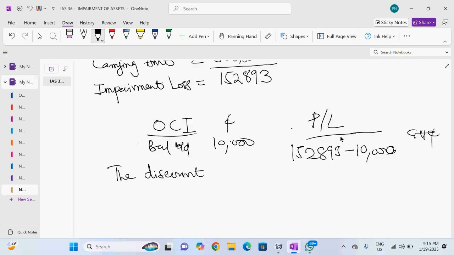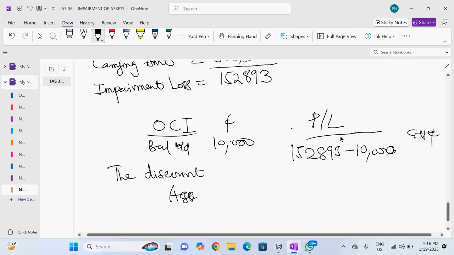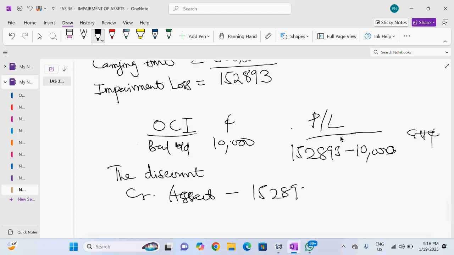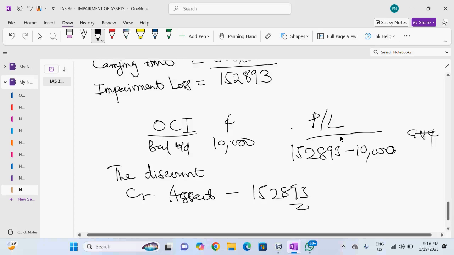And then your asset will still be credited with the 1,52893. That is it.